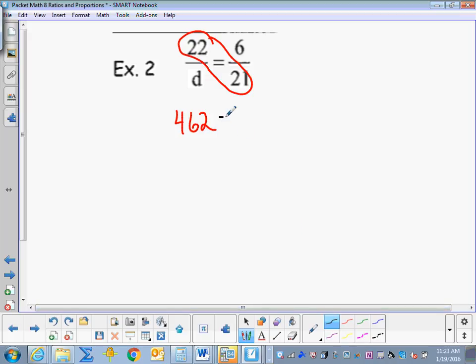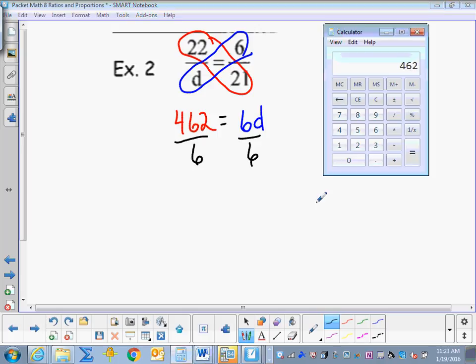And that's equal to, cross multiply again, 6 times D is 6D. So 462 equals 6D. Now we divide each side by 6. And that gives us 77.